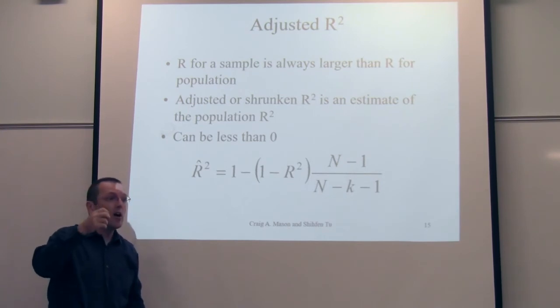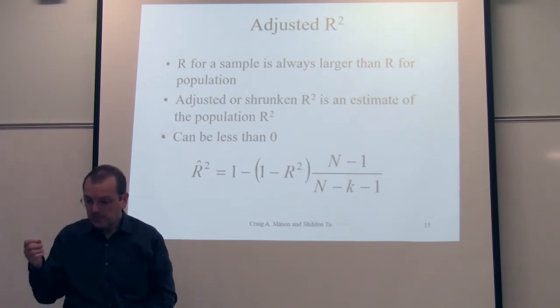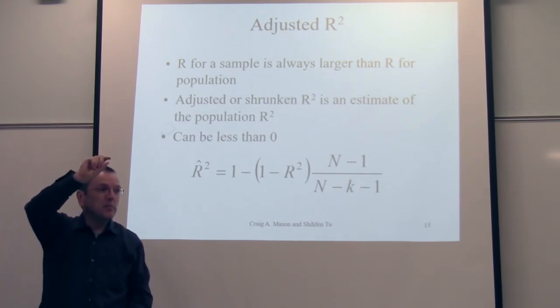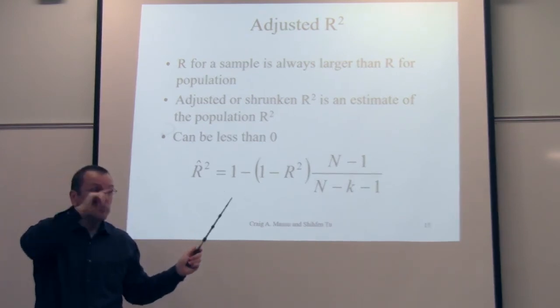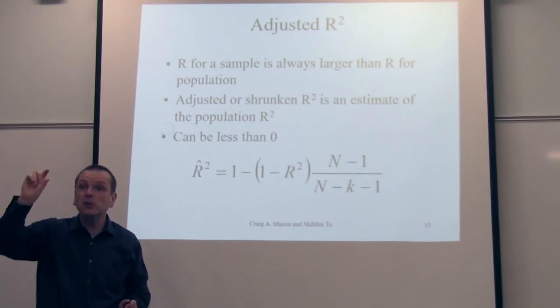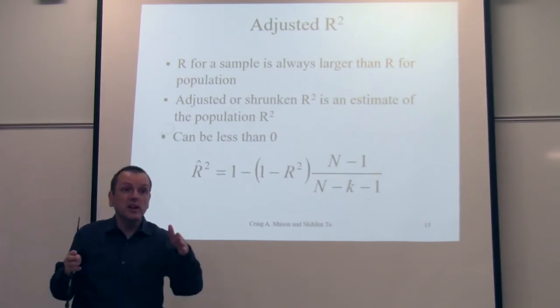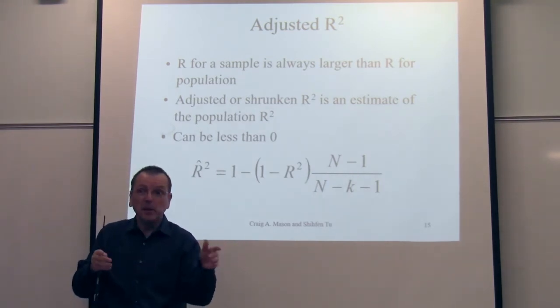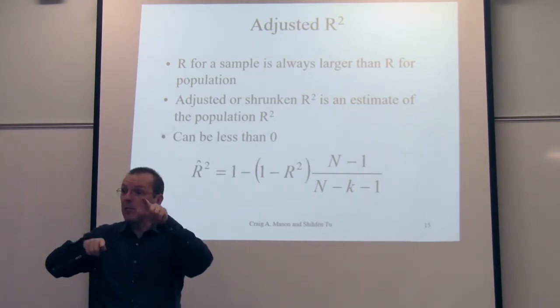Remember, when we're looking at R squared in multiple regression, the R in multiple regression can only go from 0 to 1. It can't be negative because we've got more than one variable.